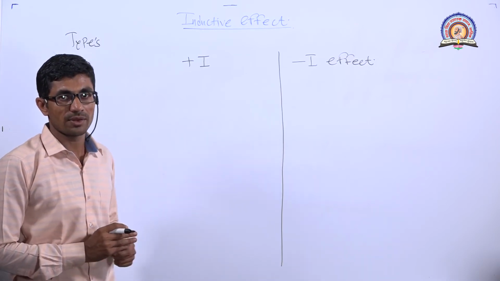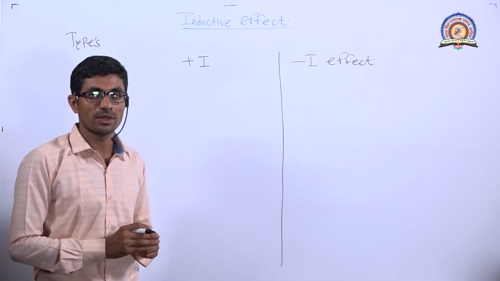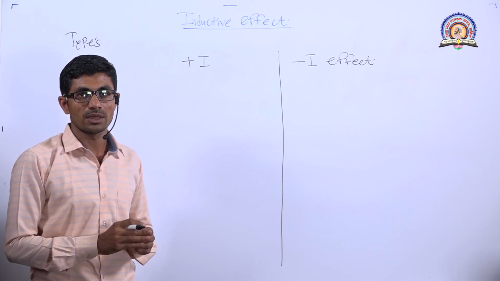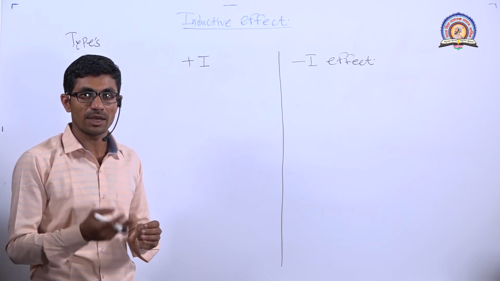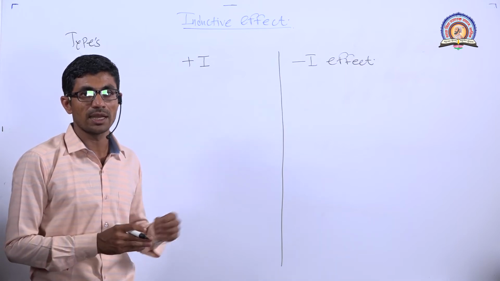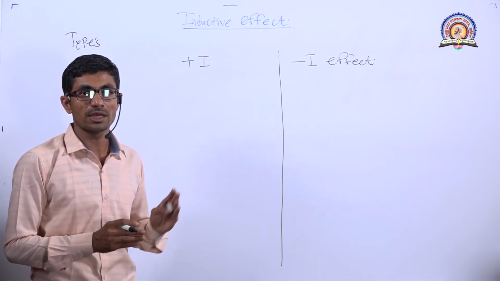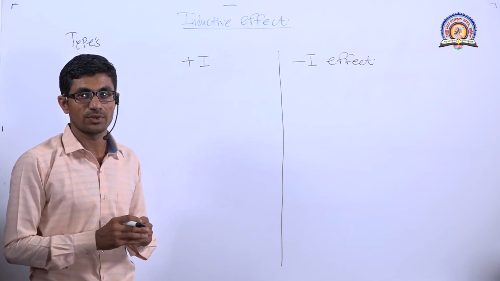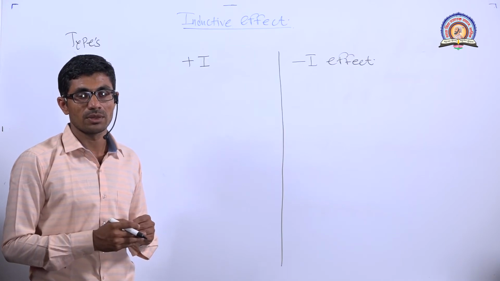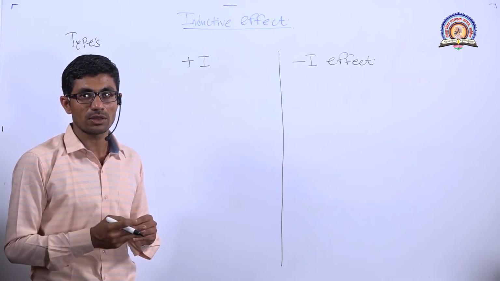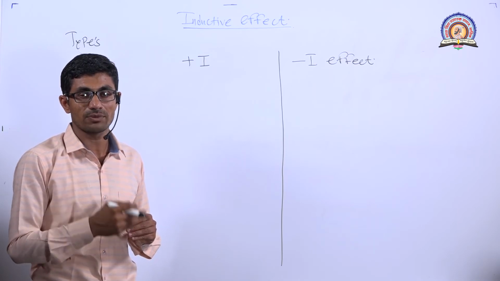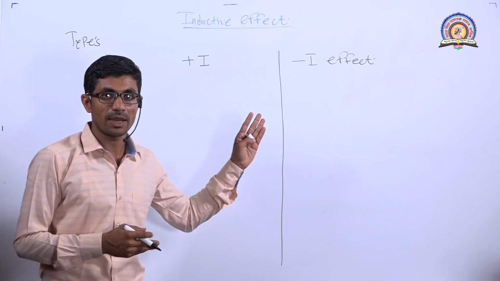So in plus I inductive effect, when atoms or group of atoms increase the electron density around the carbon atoms, that time we can call it plus I inductive effect. Plus I means electron donating inductive effect. When atoms or group of atoms withdraw the electron, or decrease the electron density around the carbon atom, we can say minus I inductive effect.